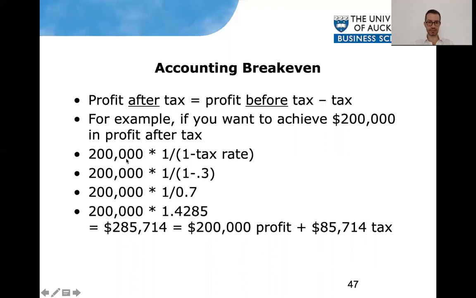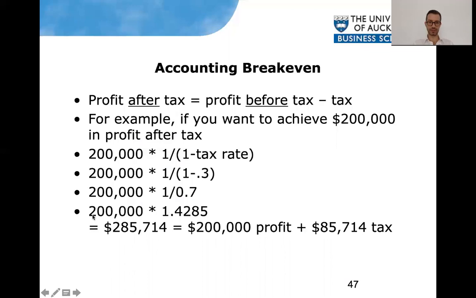You want a 200,000 profit after tax, and on this you will need to pay taxes equal to 1 divided by 1 minus tax rate. If tax rate is 30%, this is 0.3, so it is 1 divided by 0.7, which is equal to 1.4285.